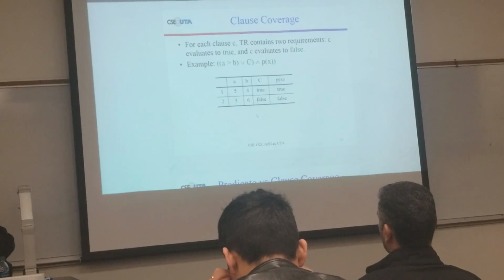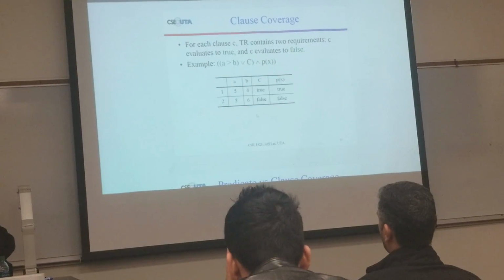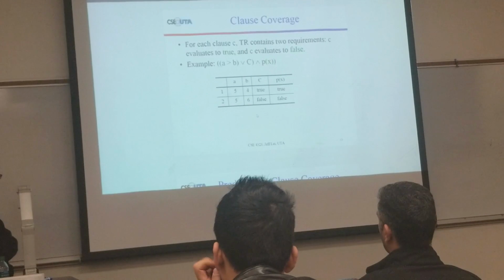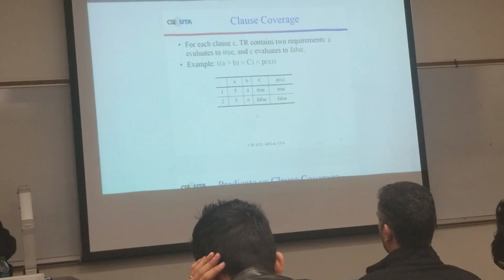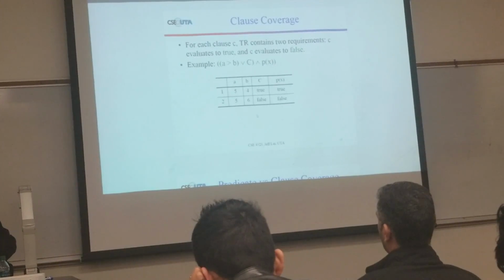So I hope this shows class coverage is not necessarily better than predicate coverage, right? The real problem is not whether you test each class or each predicate true and false. It is what we refer to as masking.